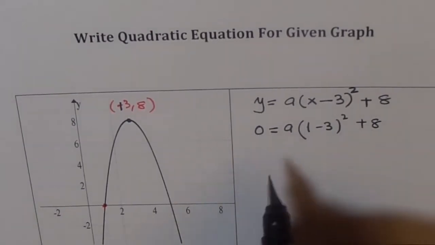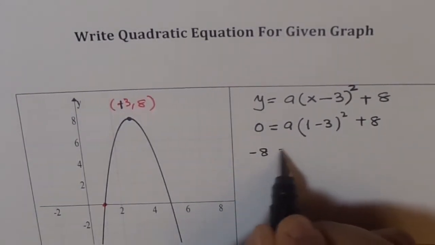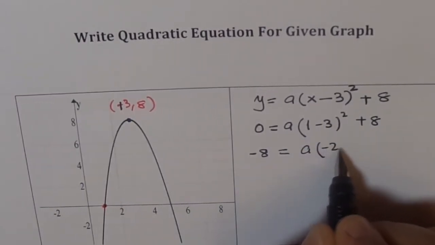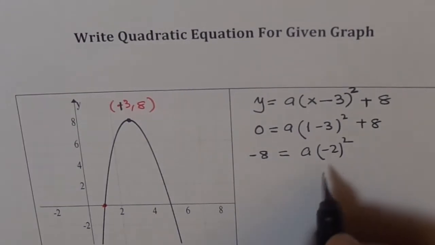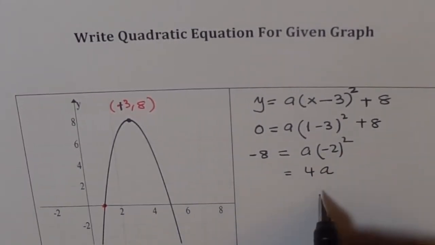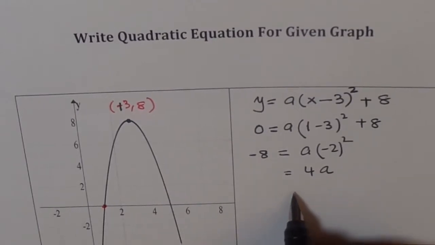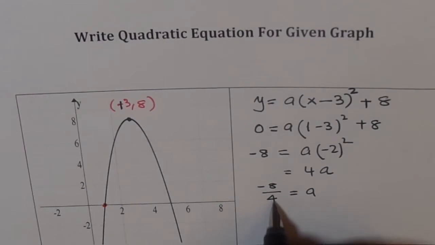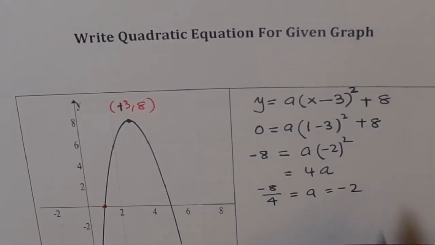We can bring 8 over: minus 8 equals a times (1 minus 3), which is minus 2 squared, which gives us 4a, right? And from here, a can be calculated as minus 8 divided by 4, which equals minus 2.